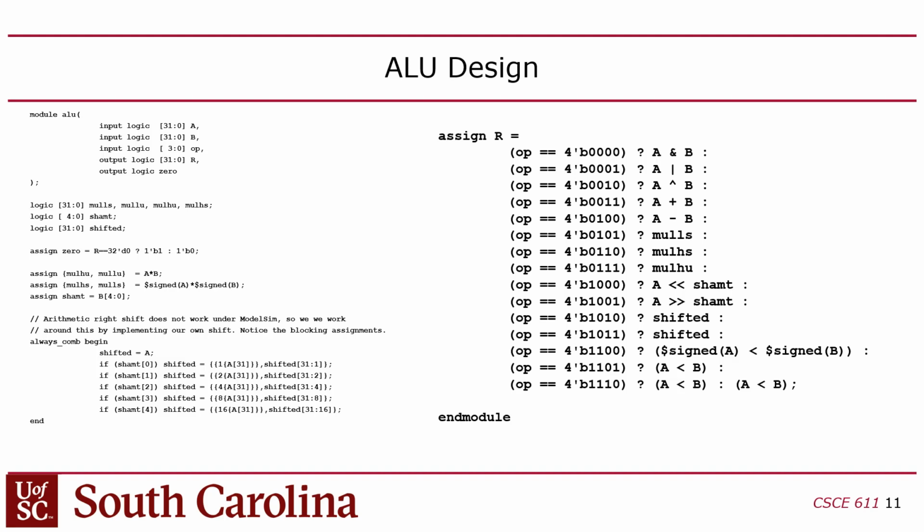So over here, we assigned mulhs and mulls to be the signed A times B. So we use the multiply operator and the typecast to do a signed multiply. And then we assign that to a 64-bit value that was the concatenation of these two 32-bit values, mulhs and mulls. Right?